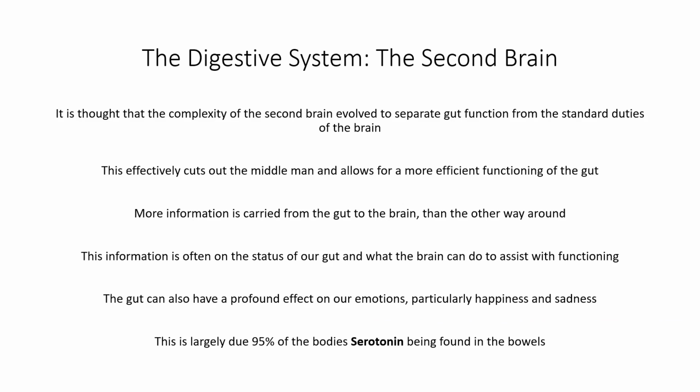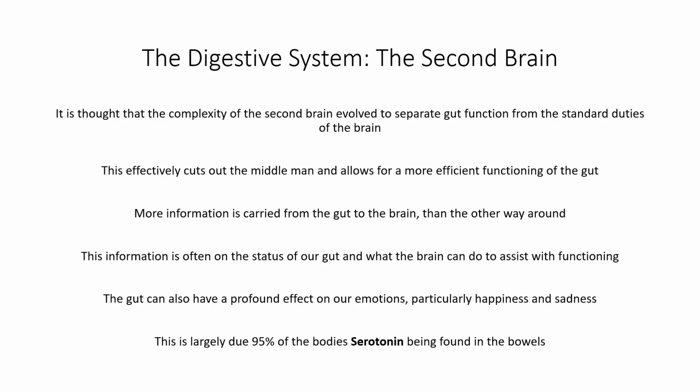So if you think about how much of a nuisance it may be for you to constantly think about what's going on in your gut, and when you perhaps need to defecate, it's a lot of effort for the brain, considering the amount of tasks that you already fulfill with the brain and its role within the body. So having the gut evolved in this way essentially cuts out the middleman and allows for more efficient functioning of the gut.